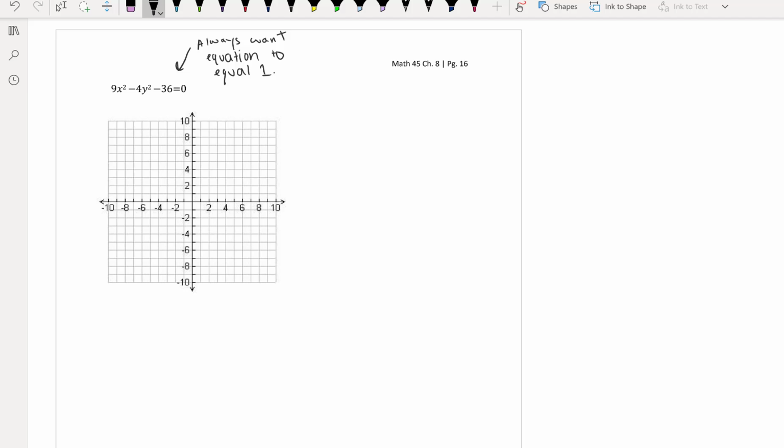So we're going to have to do maybe possibly some completing the square here. So let's see. I have 9x squared minus 4y squared. And what I'm going to do is add 36 to both sides. So now that's going to be equal to a positive 36, since I went ahead and added it.